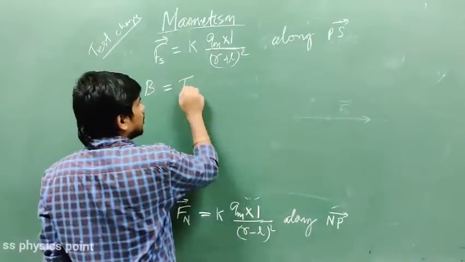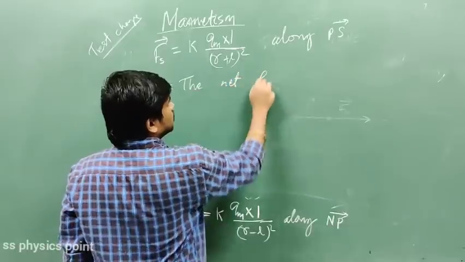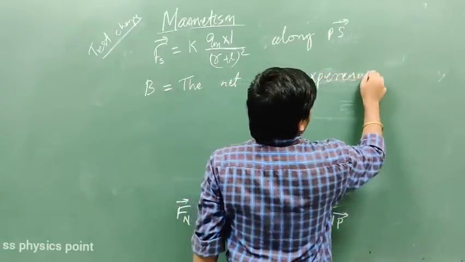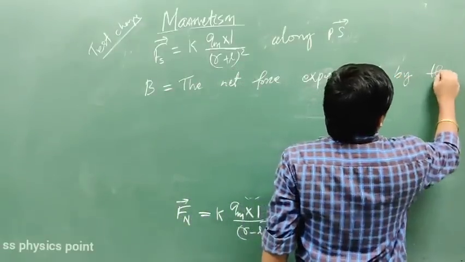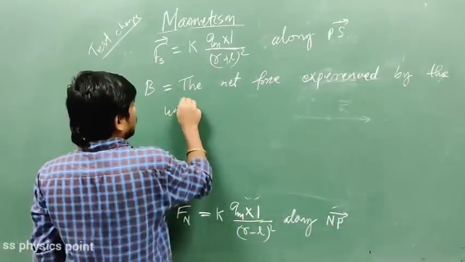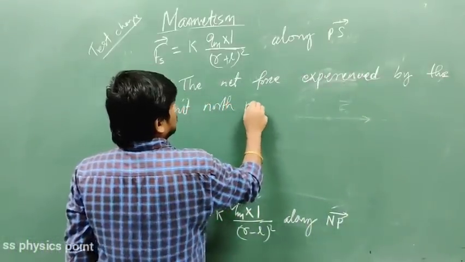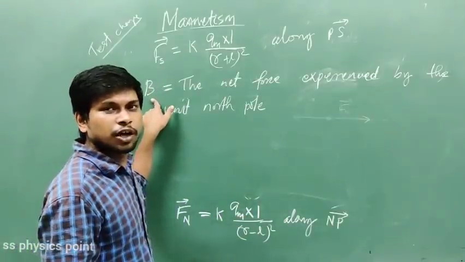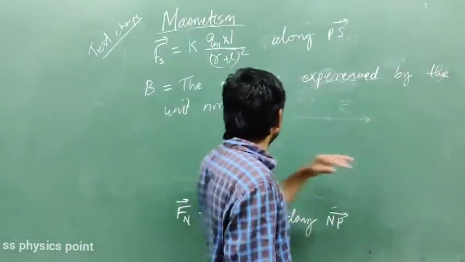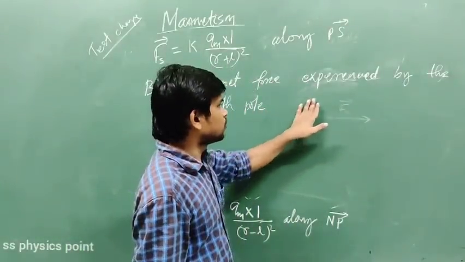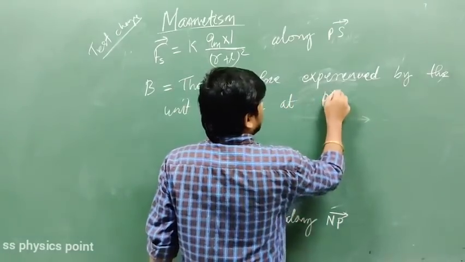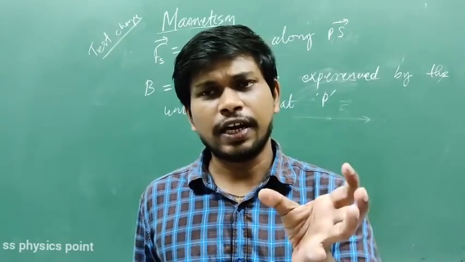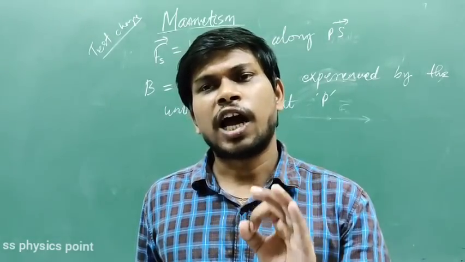Will be equal to the net force experienced by the unit north pole. इसका मतलब क्या है? मैग्नेटिक फील्ड किसके बराबर होगा? द नेट फोर्स एक्सपीरियंस्ड बाय द यूनिट नॉर्थ पोल एट पी. पी में जो नॉर्थ पोल था, how much force is experienced, that should be equal to the magnetic field.